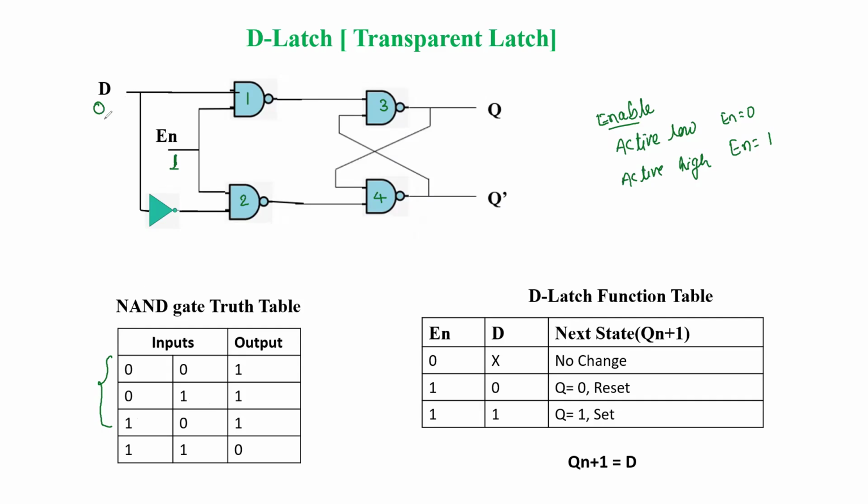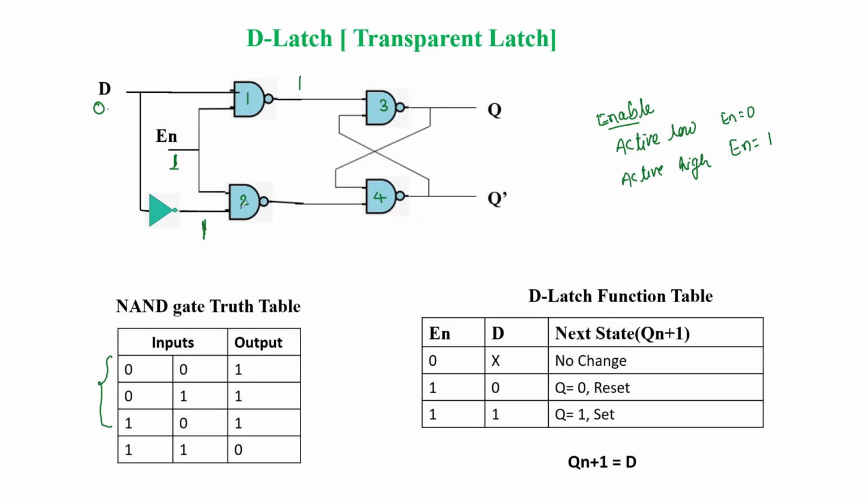Now since D is 0, so here that we have inverted output here. So for the NAND gate 2, this will become here 1. So now if you see that for the NAND gate 1, inputs are here 0 and 1. So when inputs are 0 and 1, output of the NAND gate is 1.